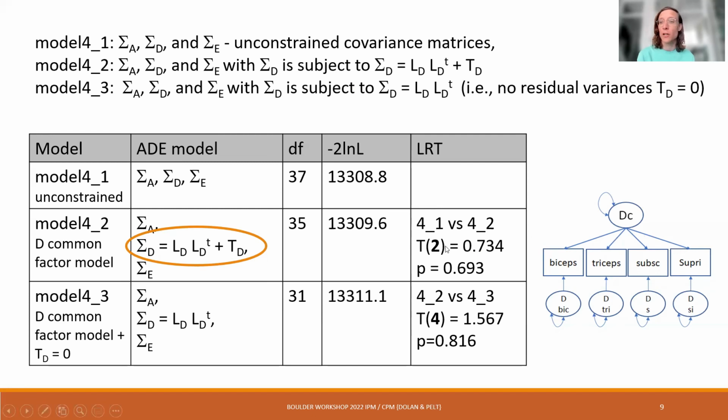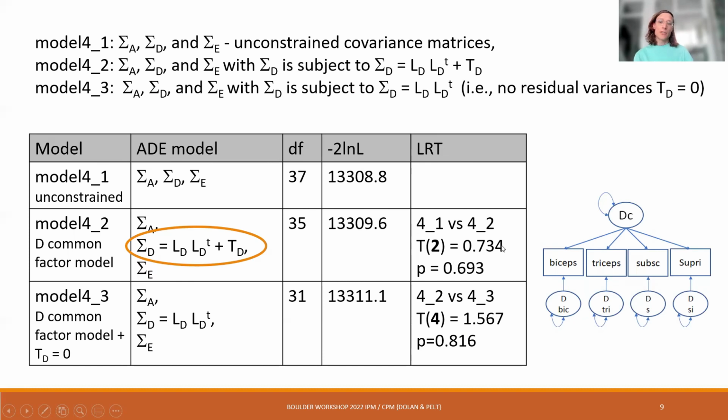So then we can actually use a likelihood ratio test to test whether this common factor model applied to our sigma D is a better depiction of our data. We can use a likelihood ratio test for this, where we take the difference in the -2 times the log likelihood values of the models. We have 2 degrees of freedom, as I explained before.